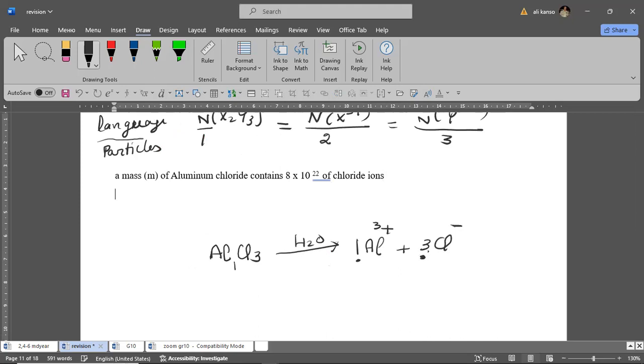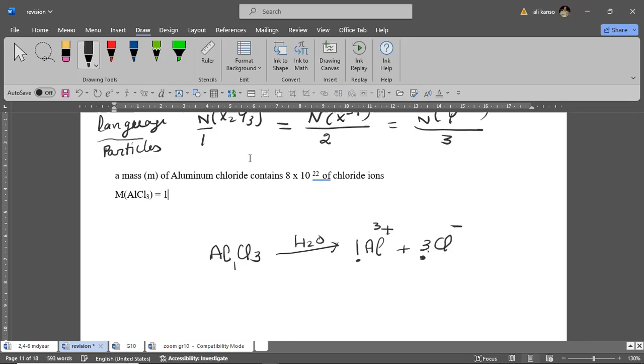First, we need to find the mass. We have to look for the aluminium chloride molar mass. Always, when we have to find a certain mass, we have to get the molar mass.